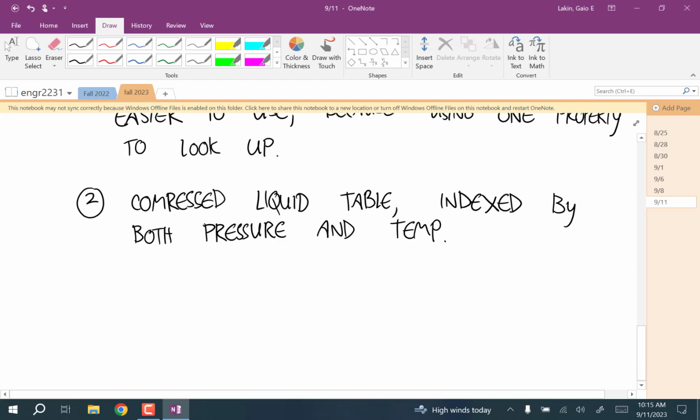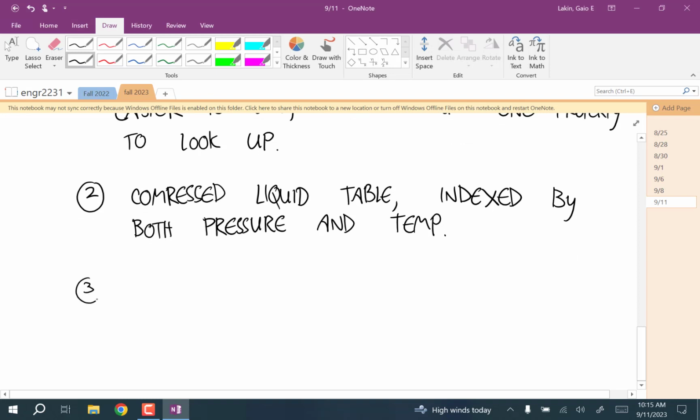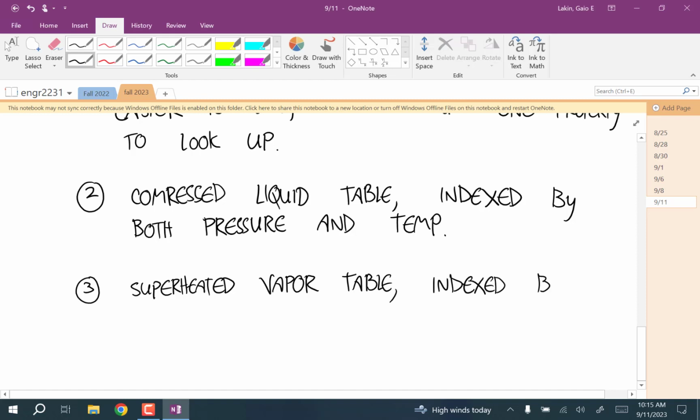And then the last one is a superheated vapor table. And again, this is going to be indexed by both pressure and temperature.